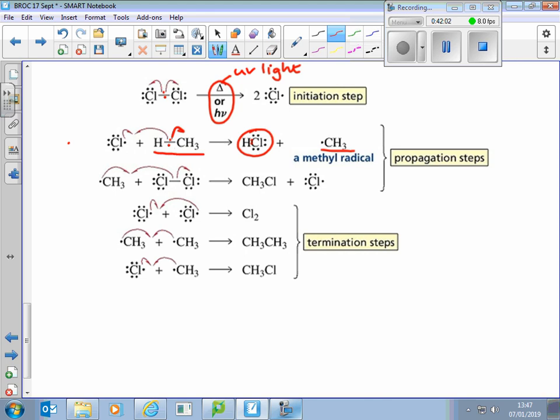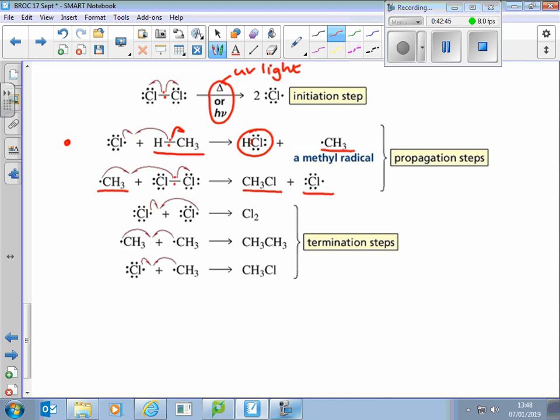The other propagation step is that once you've got your methyl radical, the unpaired electron there can effectively be responsible for splitting another chlorine molecule, so that one chlorine atom, or a chlorine free radical if you like, is then attached to the methyl free radical to give us our product. That's our main product, and that's fine, you'll pass if you produce that. The other one is left on the chlorine, so we end up with another chlorine free radical, which goes back to this one and goes in there again.